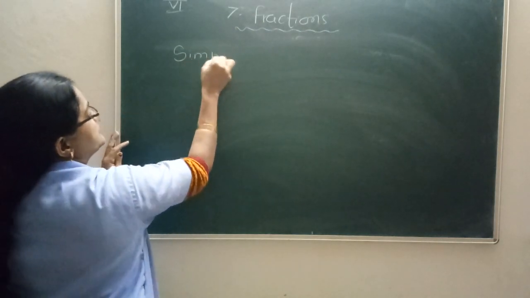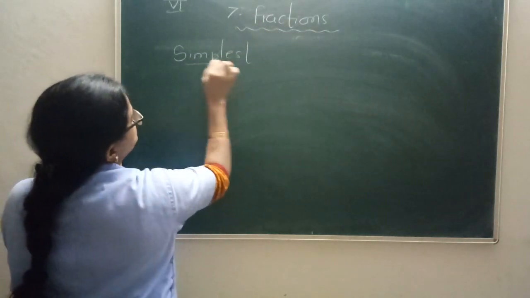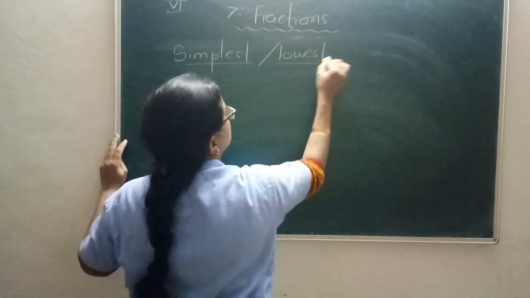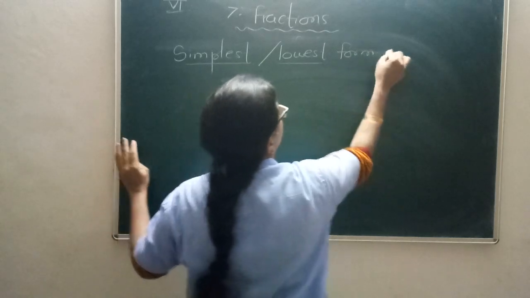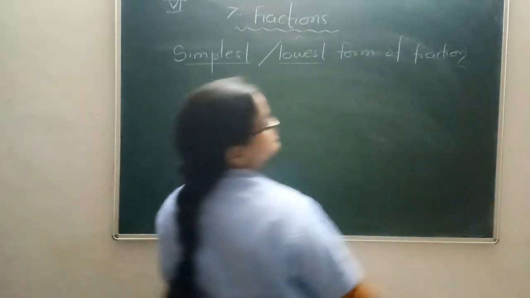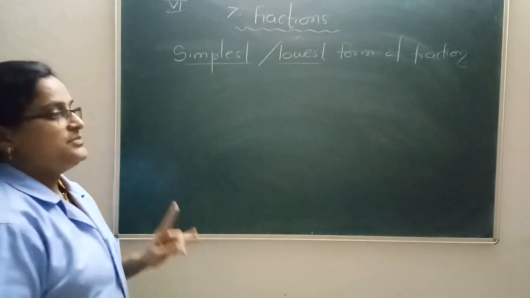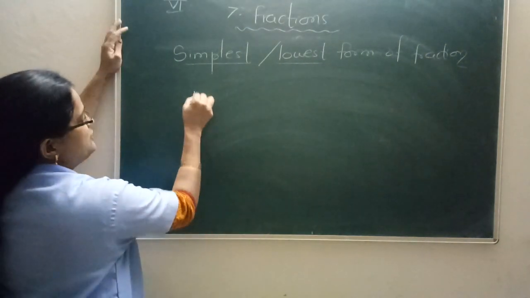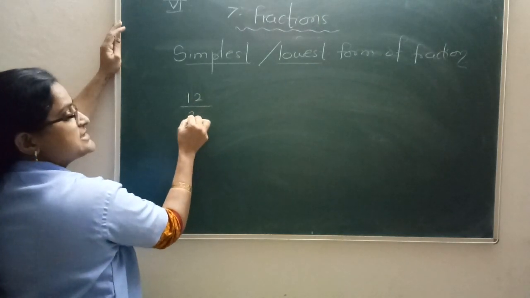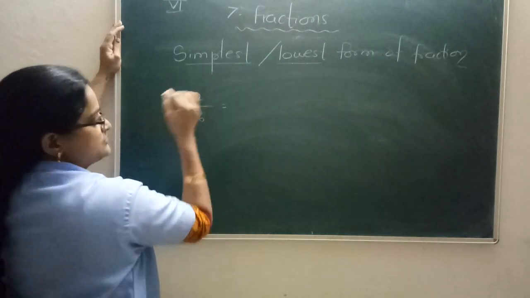Okay. Now let us see what is the simplest form, also called the lowest or reduced form of the fraction. Now what is the meaning of this? Now see, if you are given the fraction 12 upon say 36, right?